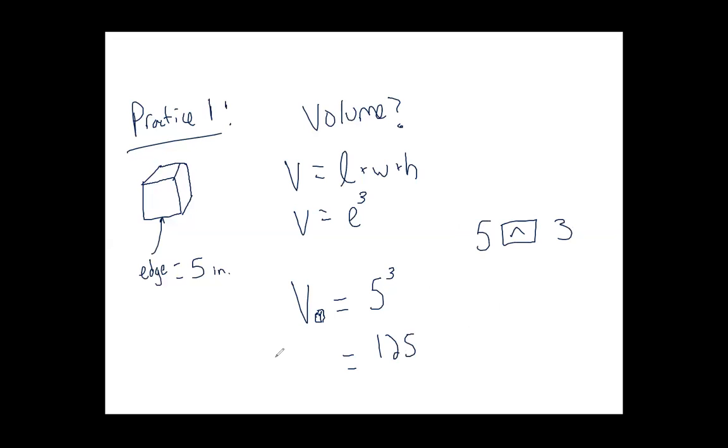What is my label? Volume equals 125 inches to the 3rd, inches cubed. Because when we did 5 cubed, we did 5 inches cubed. 5 times 5 times 5 is 125. Inch times inch times inch is inch to the 3rd.